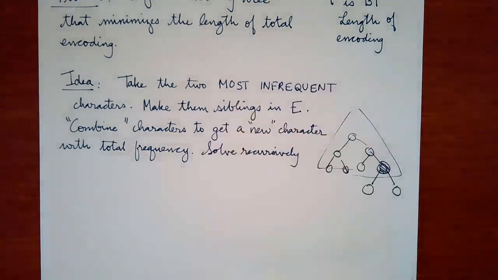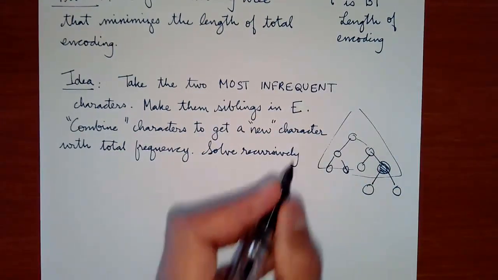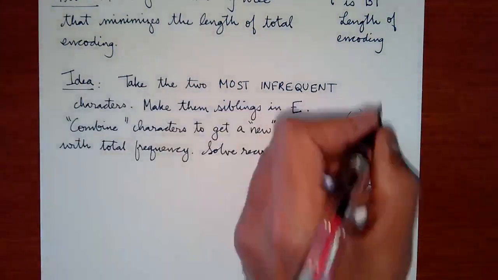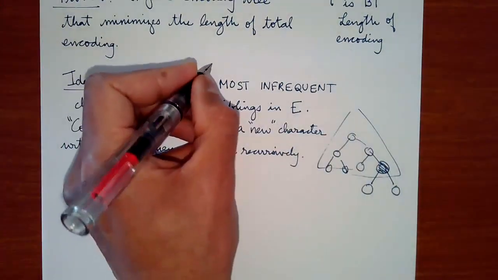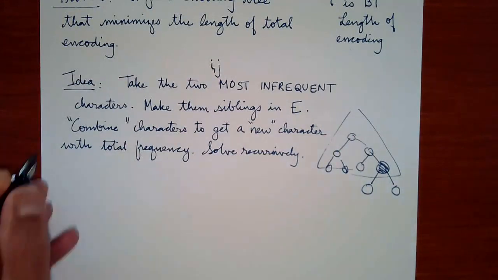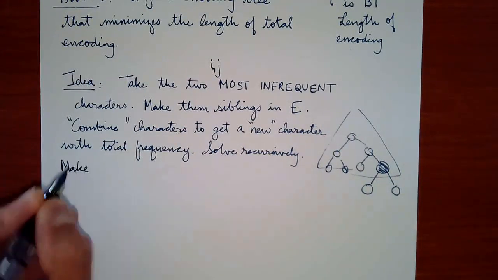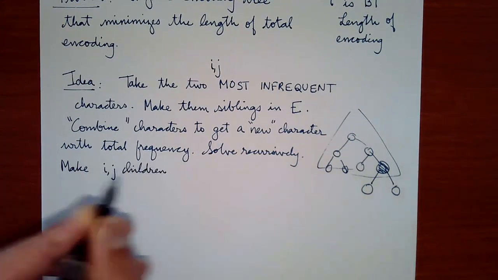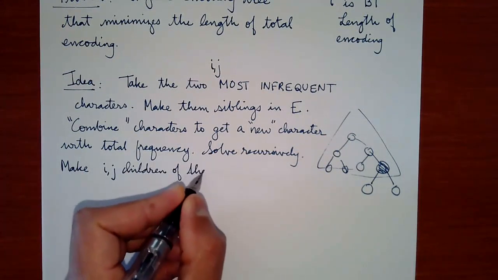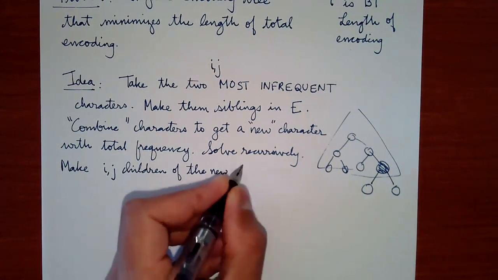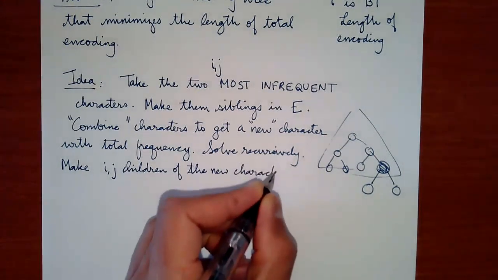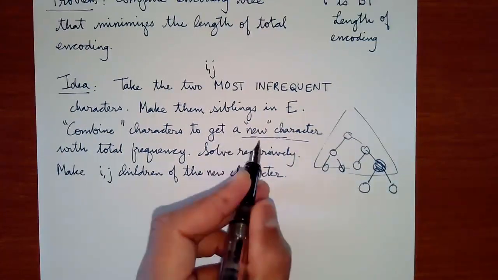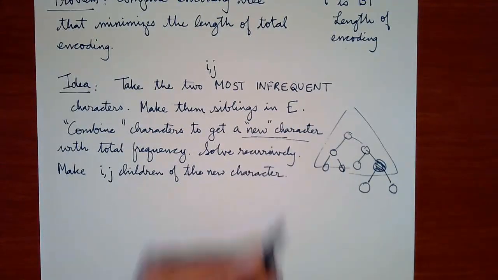As this process builds and we solve recursively, we'll say that the two most infrequent characters, I'll refer to them as i and j, we make i and j children of the new character. So we have a tree where the new character is the leaf, and you make these children of that new character.